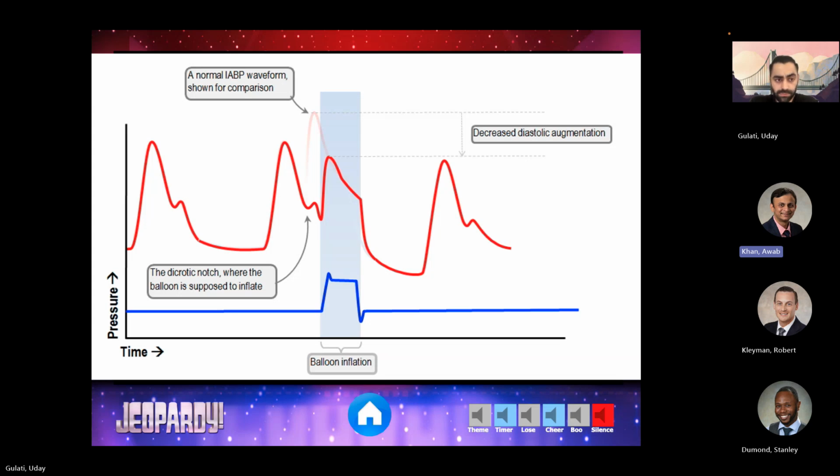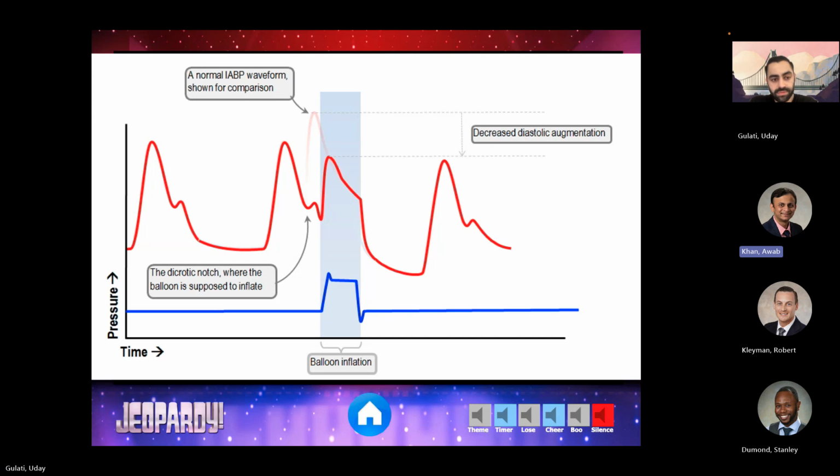Well, look at the picture. I have a comparison to a balloon pump working normally. What do you see as a big difference in the diastolic augmentation?